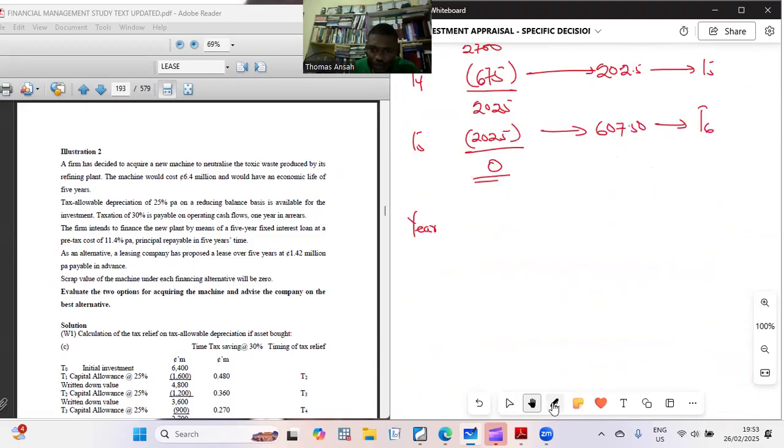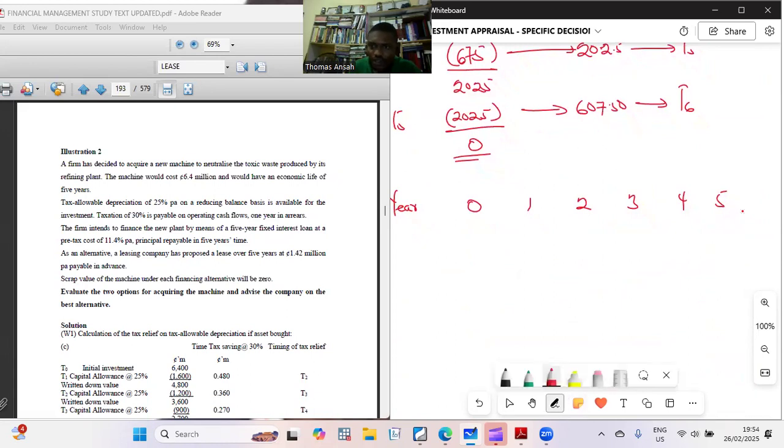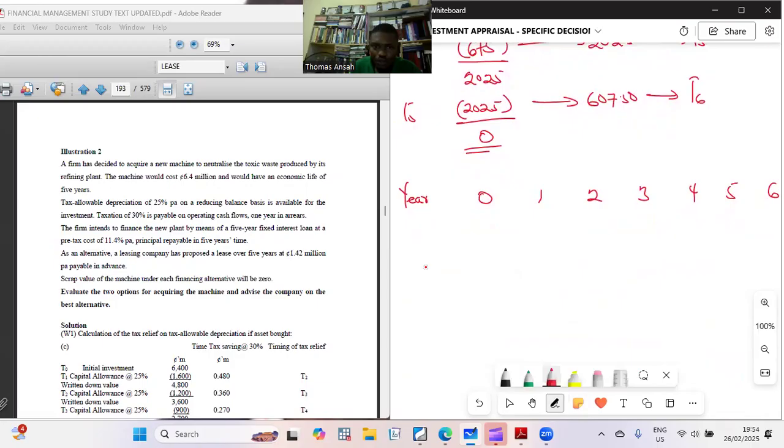So we have year 0, 1, 2, 3, 4, 5, and 6. You know why there is 6? Because of the delay. All right. So now, what do we have? We have our capex, which is 6,4, and don't forget everything is in thousands. That is that. We don't have residual value, but we have tax savings.